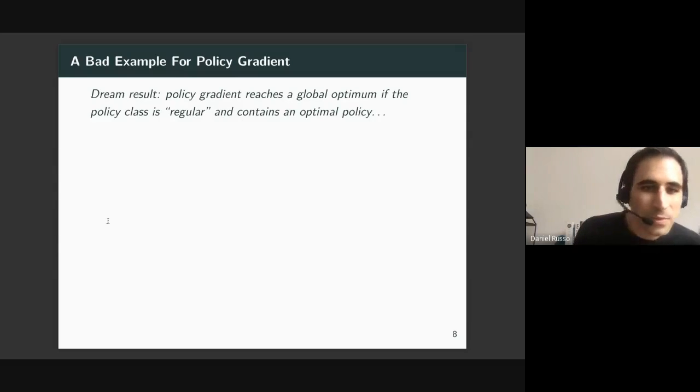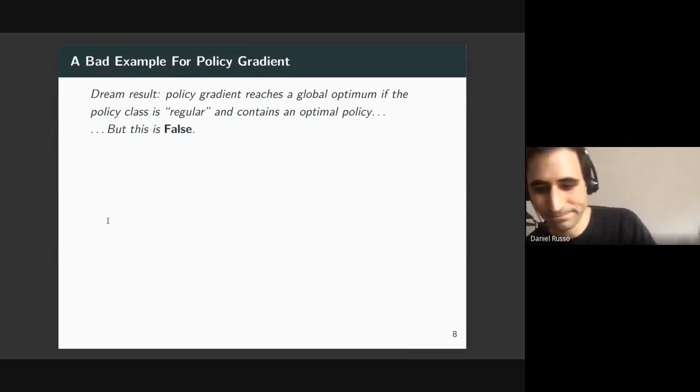What this is saying is that if your inductive bias is correct, if you manage to have a policy class that's well suited to your objective, and you specify that in a clear way, then policy gradient methods should be effective. I want to emphasize that because of the non-convex nature of the loss function, this is just not true.